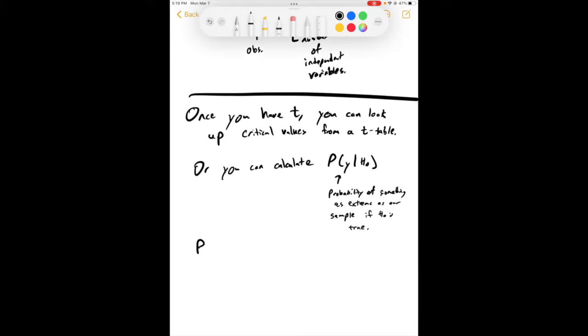So you look up that p-value, and you'll compare it to some critical value or some significance value, which is usually called alpha, but I don't want to use that. Compared to the significance value, which hopefully you have already selected. And typically it's something like 0.05 or 0.01, depending on how specific you want to be.